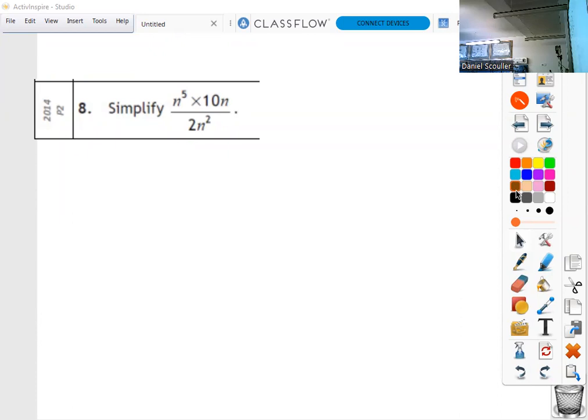So let's go through the rules of indices. Just work out where we're going. There's 2 things going on here in this question.